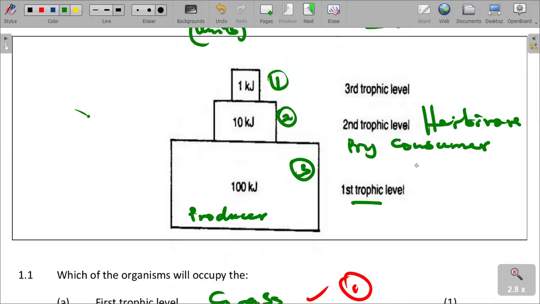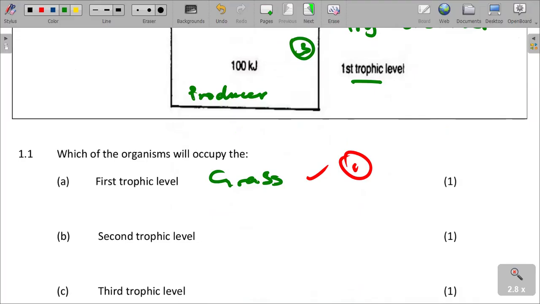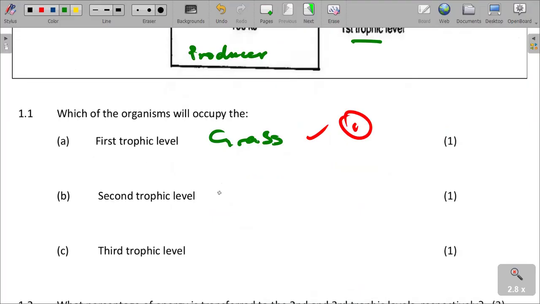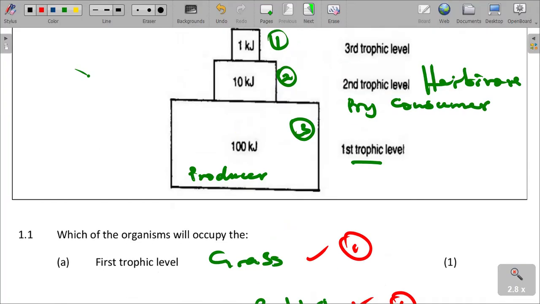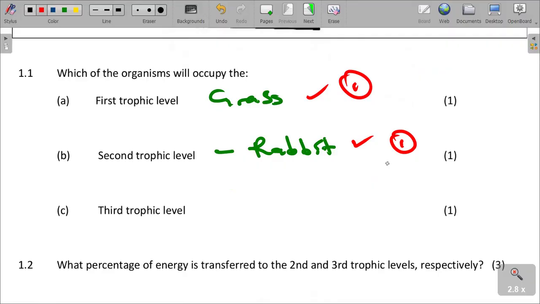Either can be correct. But what we need to know is the organism that we can give there. It is a rabbit, according to the information given in our context. So rabbit is also correct, because it is a primary consumer according to the information we are given.